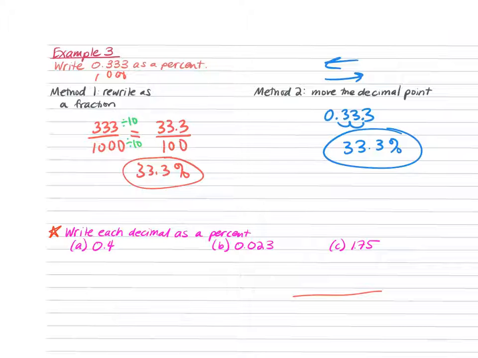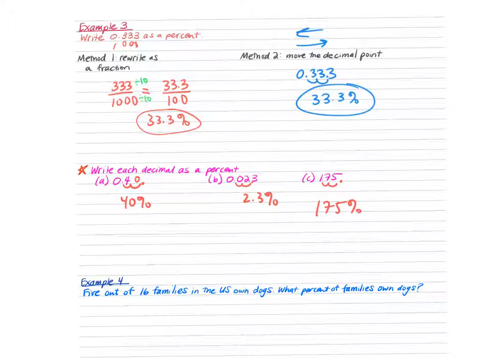Okay, so try these 3 on your own. 0.4, 0.023, and 1.75. Write each decimal as a percent. Push pause. Check back for the answer. Okay, so you have 40%, 2.3%, and 175%.